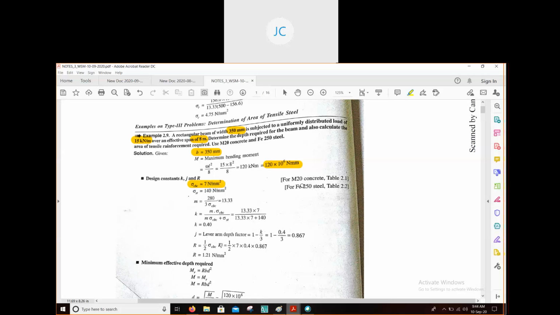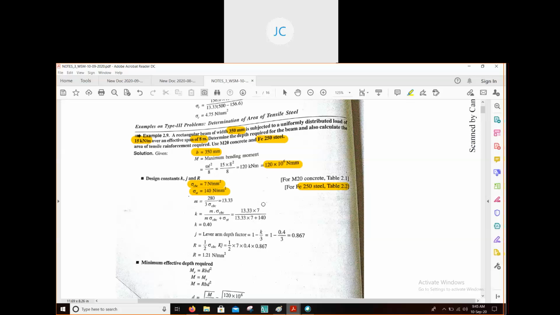And for Fe250 steel, from table number 22 you can find out the value of sigma ST. All of you must know the difference between sigma ST and only sigma S. Sigma ST means it is the permissible stress in steel, the maximum amount of stress that can be developed in Fe250 grade of steel, whose value is given in the IS code: 140 Newton per millimeter square.